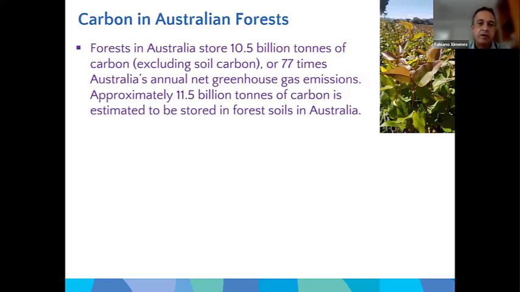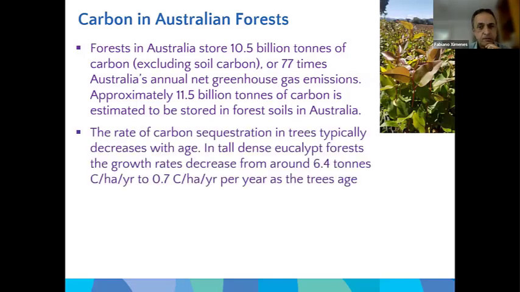To give you a sense of what that means, that's close to 80 times Australia's annual greenhouse gas emissions on an equivalent basis. And if you consider the amount of carbon stored in the forest soils as well, then that figure more than doubles. So that gives you some perspective around the importance of managing that resource.